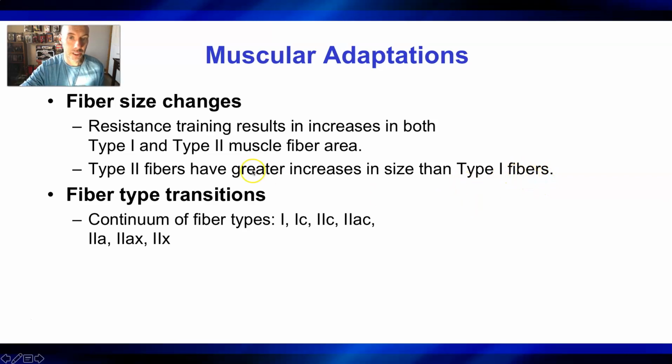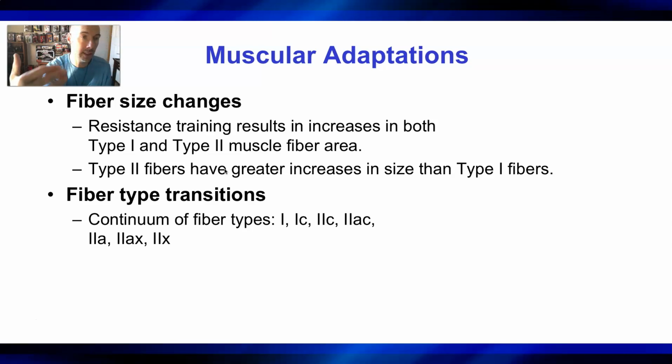Now the transition, this is what's going to be more likely to happen, is that the way that you train is going to sway your muscle fibers one way or the other, okay? So you have type 1 and type 2 as your two broad categories, type 1 being aerobic, type 2 being anaerobic, type 1 being slow, type 2 being fast, etc. Type 1 having high fatigue resistance, type 2 having low fatigue resistance. What we see in response to training is your type 2 fibers become more fatigue resistant.